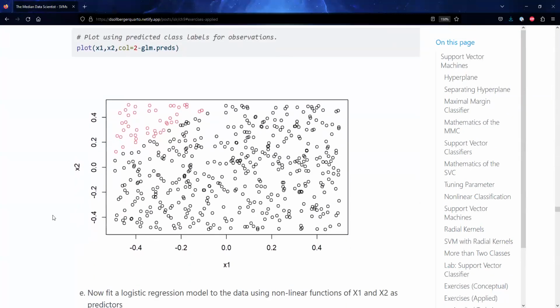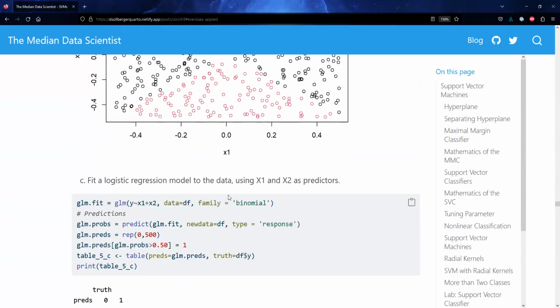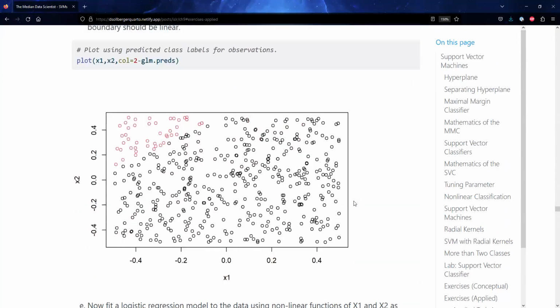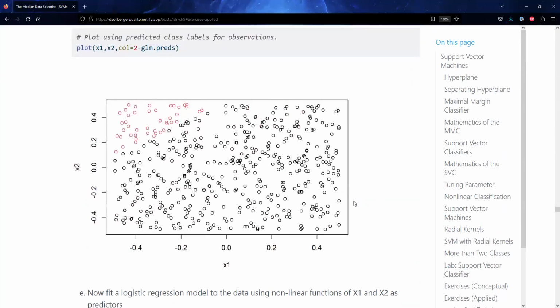Because what happened was that the logistic regression, compared to the original picture, made this prediction.